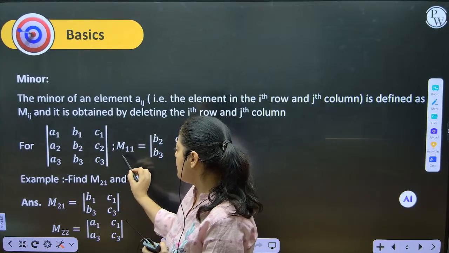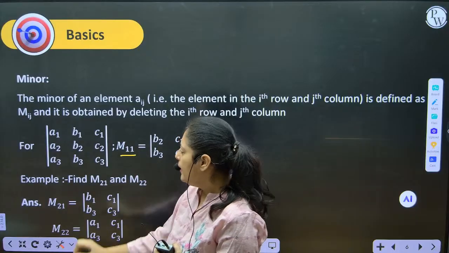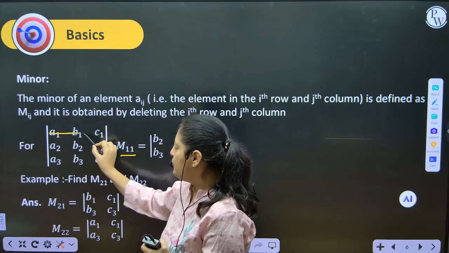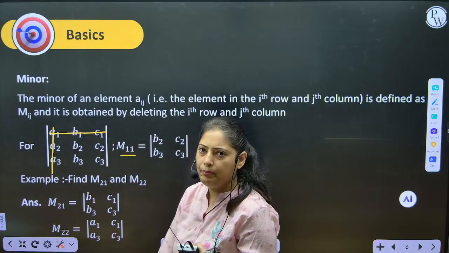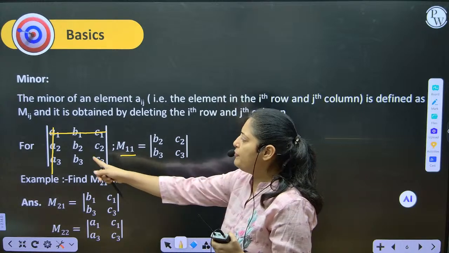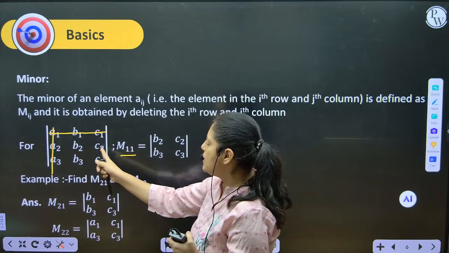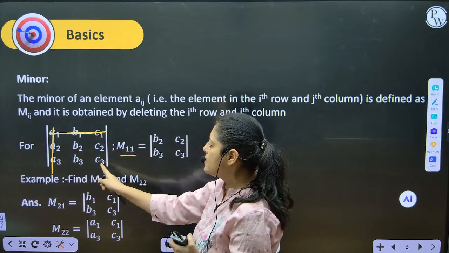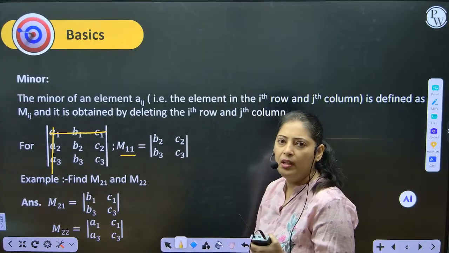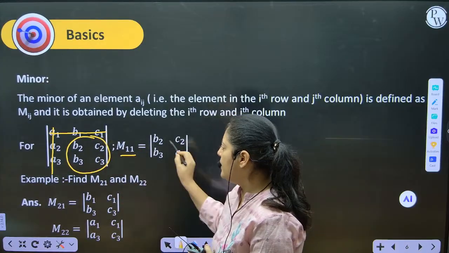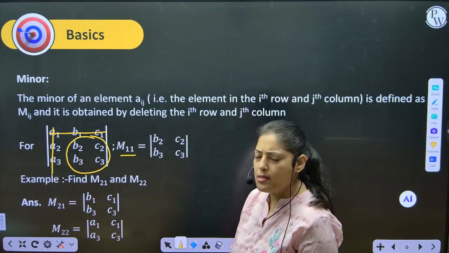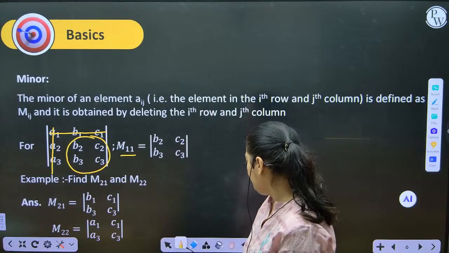Suppose I am talking about M11. M11 means first row, first column, leave them. Which numbers are left? B2 C2, B3 C3. The numbers which are left, we will find their determinant. That is nothing but the minor.